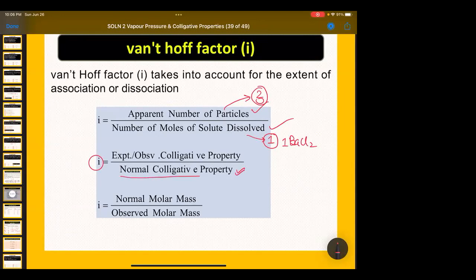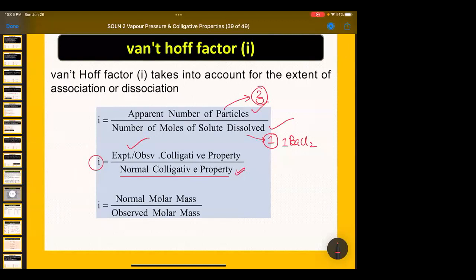That is the normal colligative property, which you consider without association or dissociation, and this is the experimentally observed colligative property, which is the value of the same colligative property if you consider association and dissociation of ions.